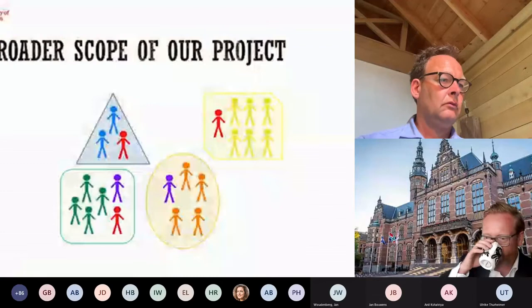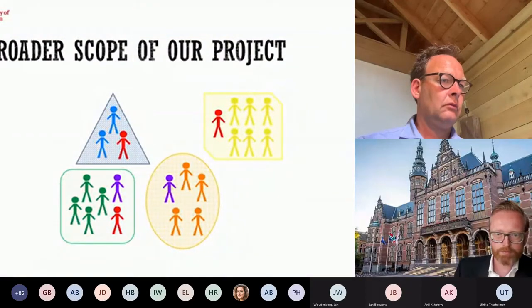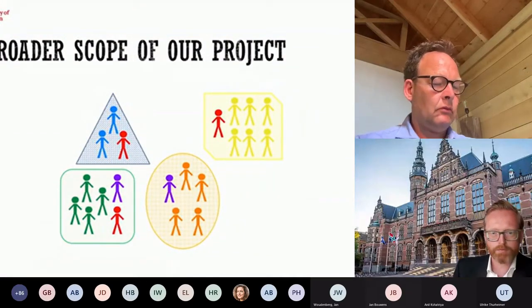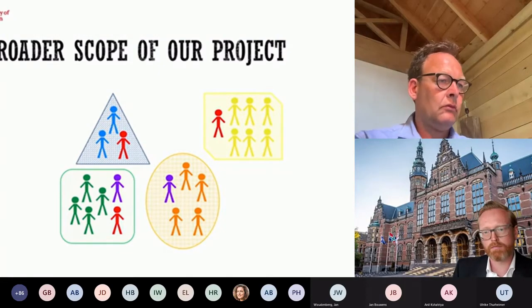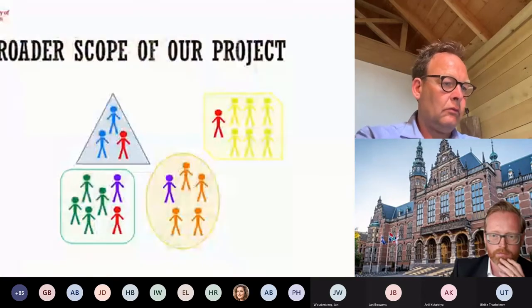But before I go into details regarding today's project, I first would like to highlight a couple of things regarding the broader scope of our project. As Jan already alluded to, today's study is part of the multiple team membership idea. What you see on this slide is basically the essence of MTMs, or being on multiple teams.